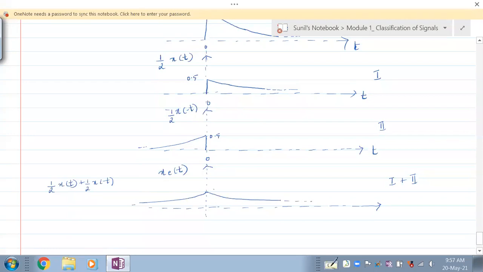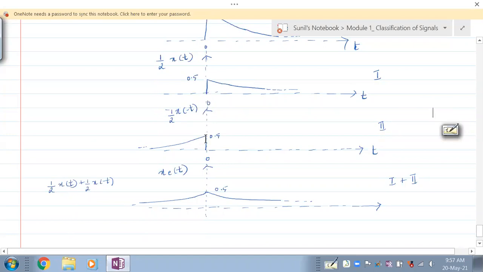Okay, so this is 0.5. Now sometimes there is this confusion. At 0 we have 0.5, here also at 0 we have 0.5, and if 0.5 and 0.5 is added, this is supposed to be 1. Sometimes that confusion will arise. Everybody's okay with that? Here we have 0.5, here we have 0.5.